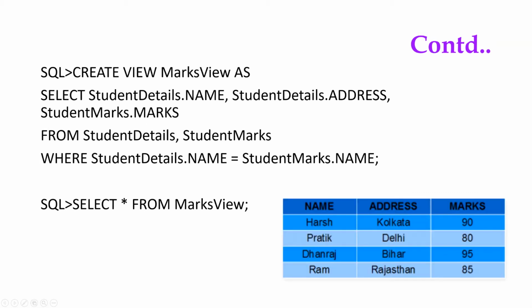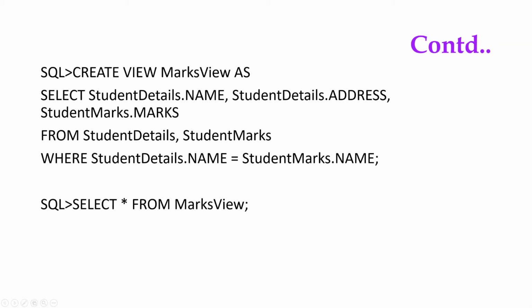Next, create view marks view. So this is the third query. I am going to create another view called marks view as select student details dot name, student details dot address. That is, I am going to choose the attributes or columns from the student details table. That's why I mentioned it like this: student details is the table name and name is the attribute name.